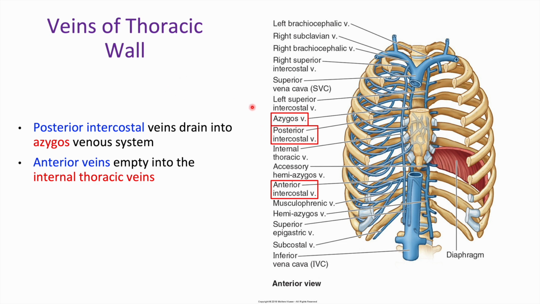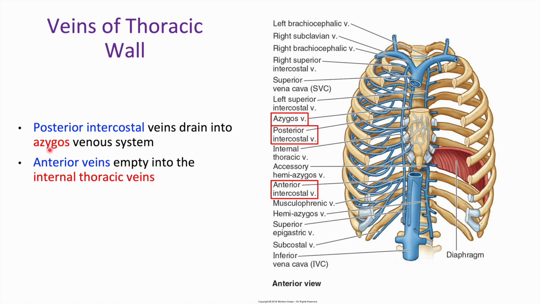Next, we'll look at veins, and as you can imagine, those are going to be pretty similar to the arteries, and thankfully they're going to have pretty similar names too. So we're going to have posterior and anterior intercostal veins, and the posterior intercostal veins are going to drain into the azygos system, and this is going to be a really important system that we'll look more at in the mediastinum, but essentially it's going to be this vertical running vein that's going to receive a lot of blood.